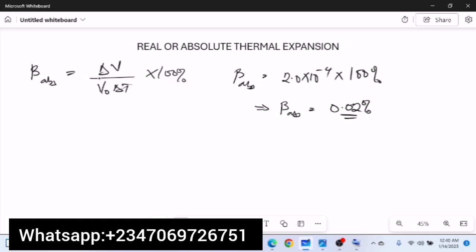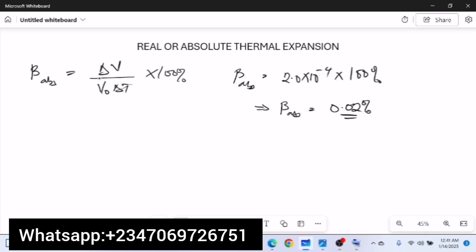Now, since it is difficult to directly measure the real or absolute expansivity of any liquid in a container, that brings us to the idea of apparent expansivity. The apparent expansivity of a liquid refers to the observed expansion when a liquid is heated in a container.